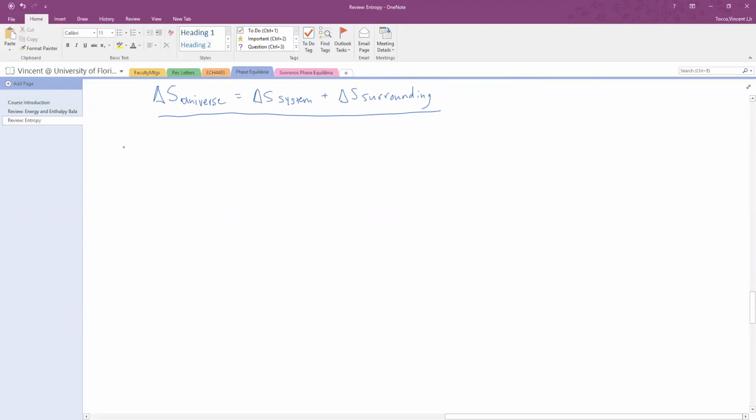All right, I'm going to do the reversible side on the left and irreversible on the right.